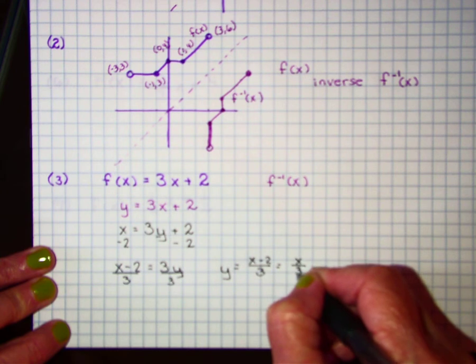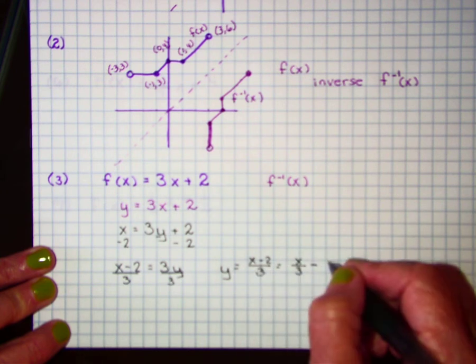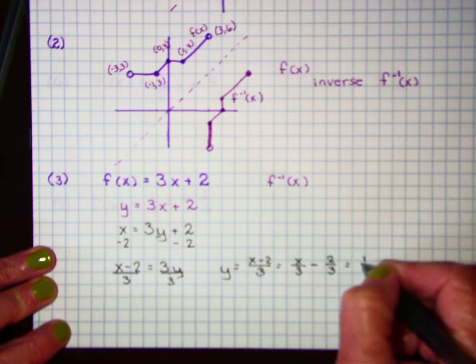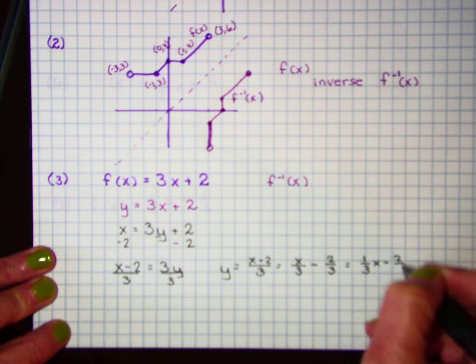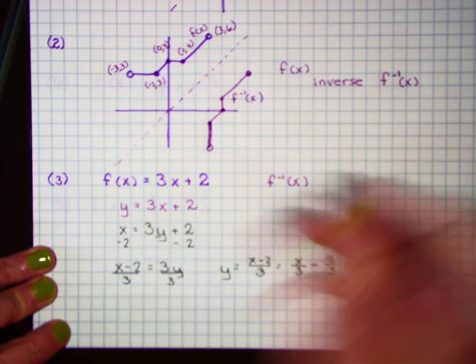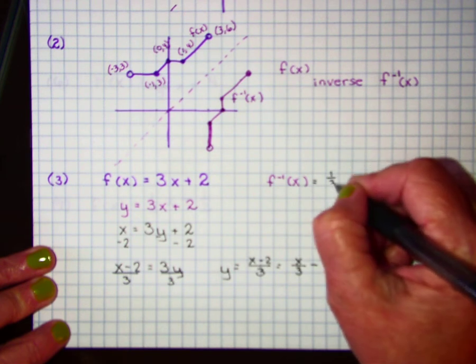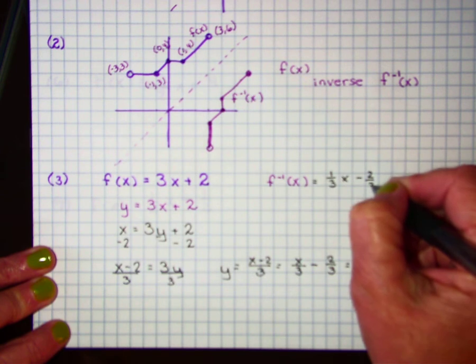I have a single denominator. So that's like x over 3 minus 2 over 3, which is the same as 1/3 times x minus 2/3. And so my inverse function here is 1/3 x minus 2/3.